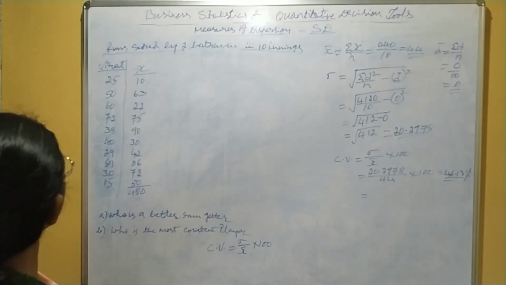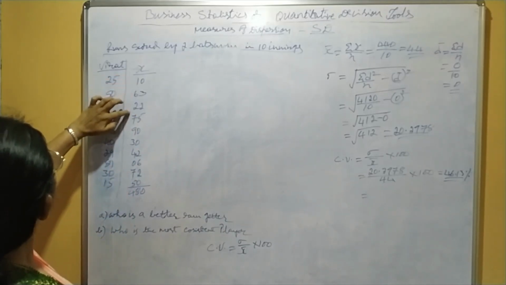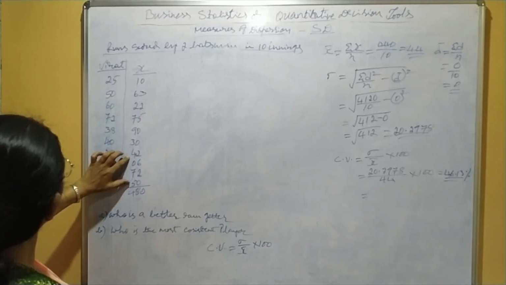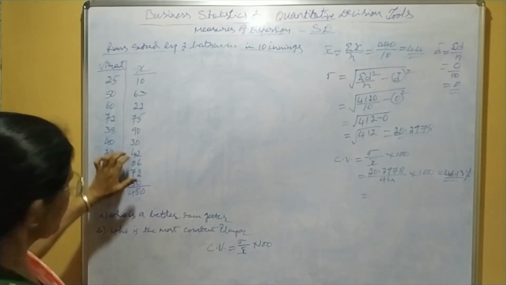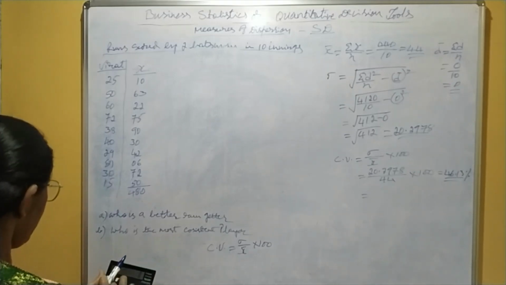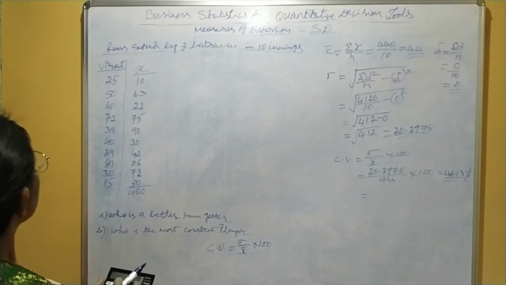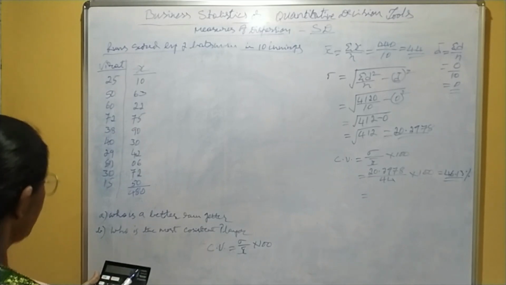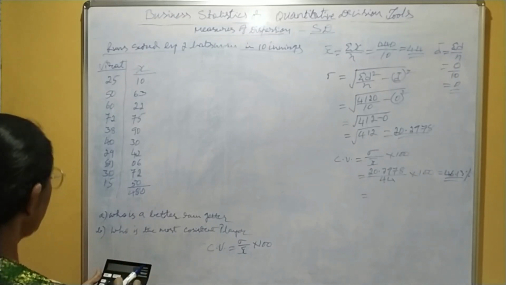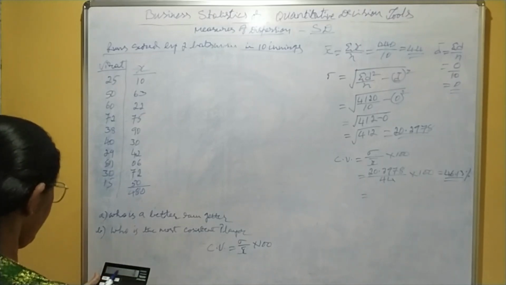Is it 48? Now take the total: 73 plus 22 plus 75 plus 120 plus 48 plus 72 plus 50.